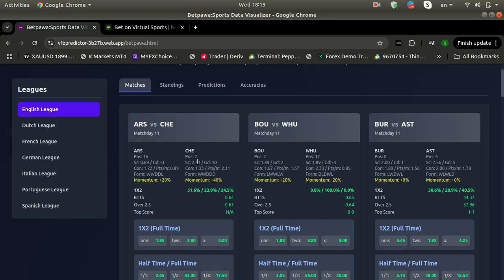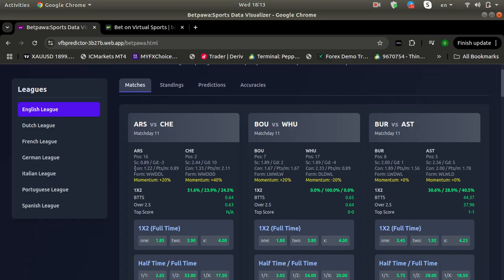On average it scores 2.44 goals. Arsenal scores 0.89 goals, so there are maybe some matches where Arsenal doesn't score at all, and other matches where it scores about 1 goal. This is the average, 0.89.